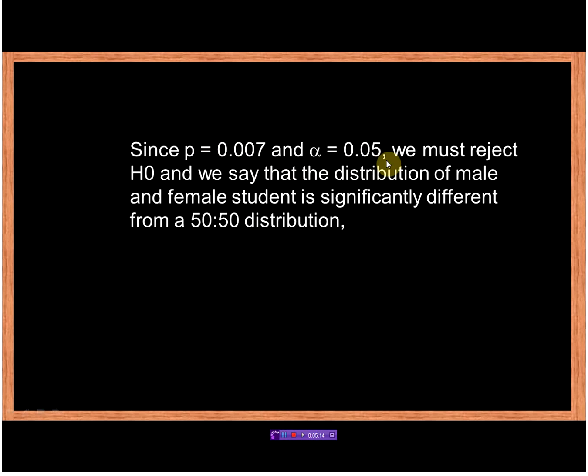Since the p-value is much smaller than alpha, we must reject the null hypothesis, and we must say that the distribution of male and female students is significantly different from what we expect from a 50-50 distribution.